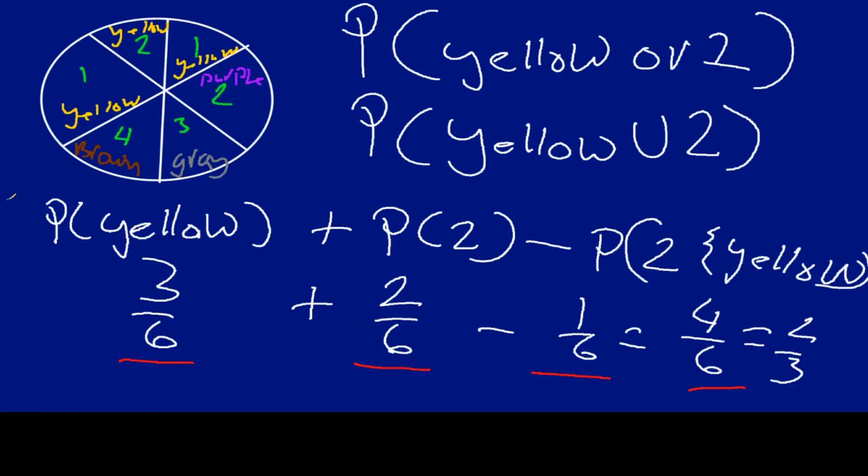After we looked at that, we did our first example. I gave you an example where inside each little section of this little spinner, this little circle, you can have a number and a color. And we were trying to figure out the probability of getting a yellow or a 2. We added up all the different probabilities and subtracted the one where they both happened at the same time, and we were able to get our answer.